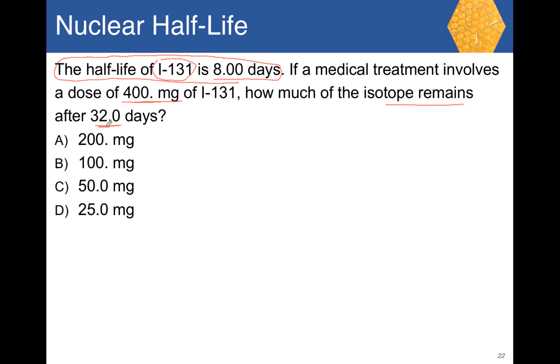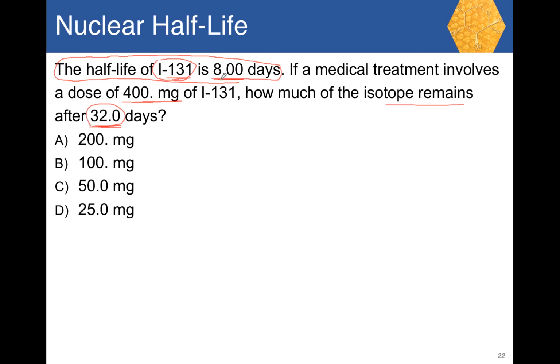Let's make sure we understand this question first. You give this to a patient, and 32 days later you come back and do an examination to find out how much of this radioactive isotope is left. You know you had iodine 131.